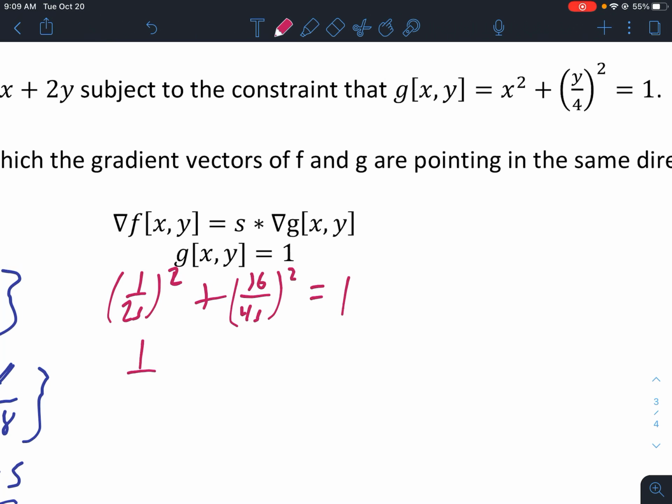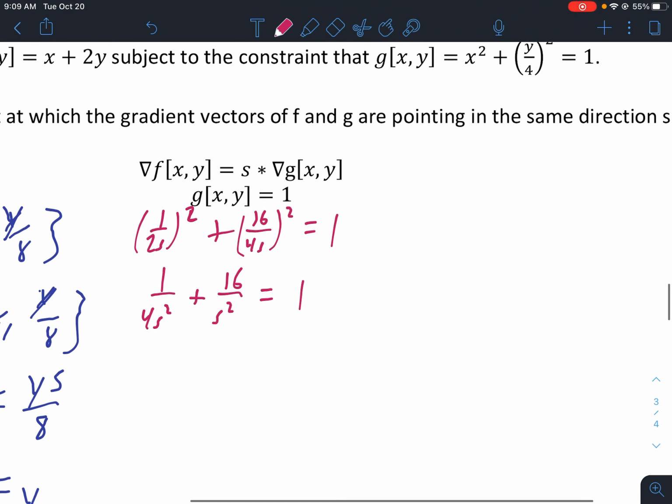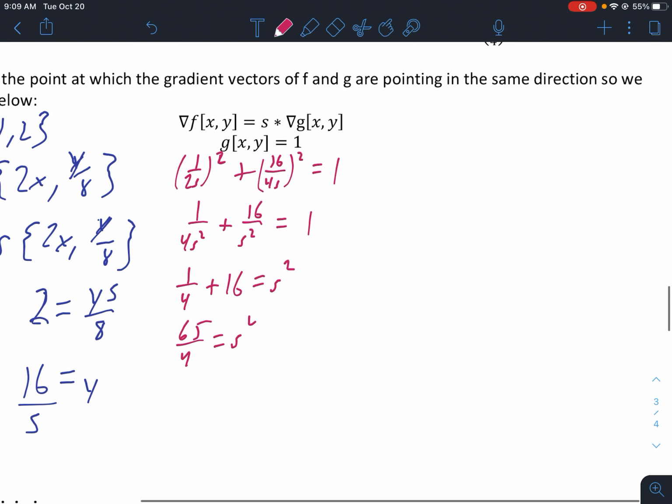Doing some simplifying, we get 1 over 4s squared plus 256 over 16s squared, which simplifies down to 16 over s squared equals 1. Solving by multiplying through by s squared, we get our two possibilities for s.